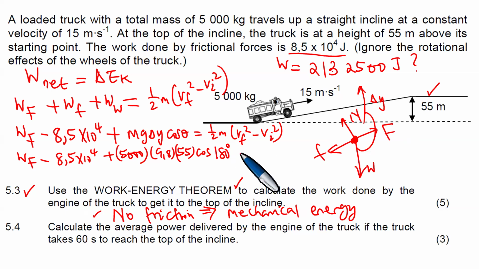And we know very well that it travels straight up at a constant velocity, so the final velocity and the initial are equal to each other, worked on by the applied force.